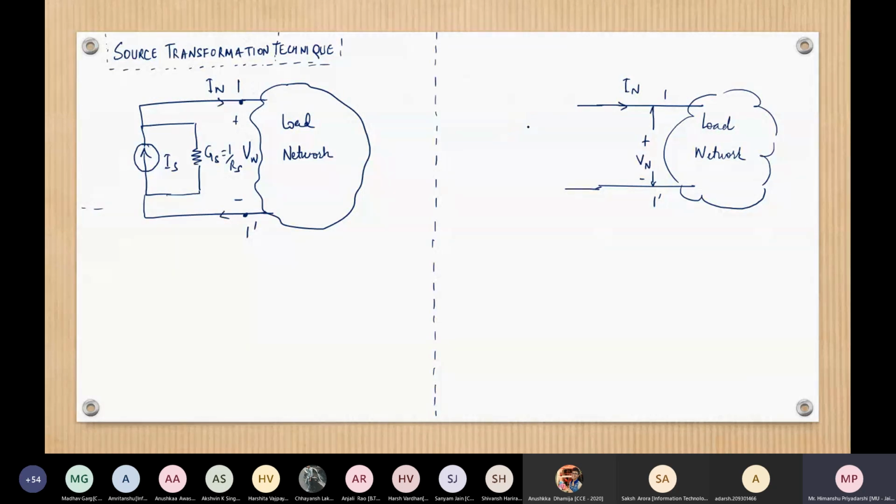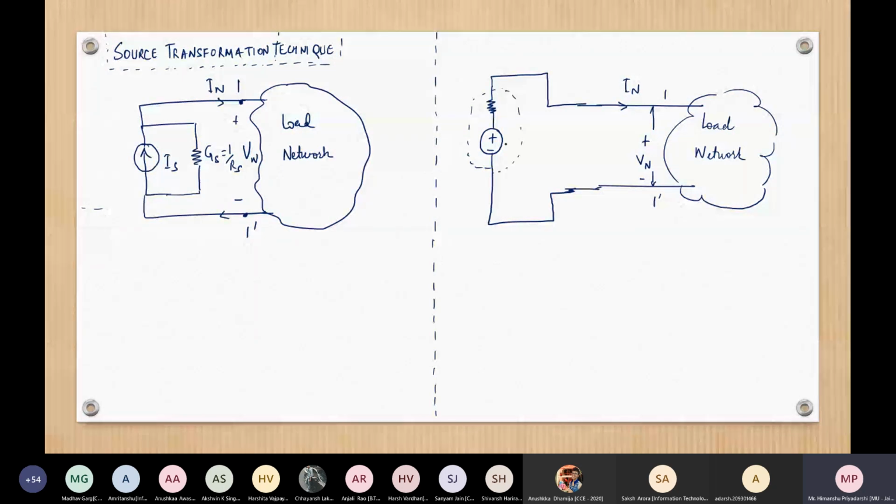So can I do it? The answer is a resounding yes. So what I have to do, the voltage source is this. What should be the value of this Vs?